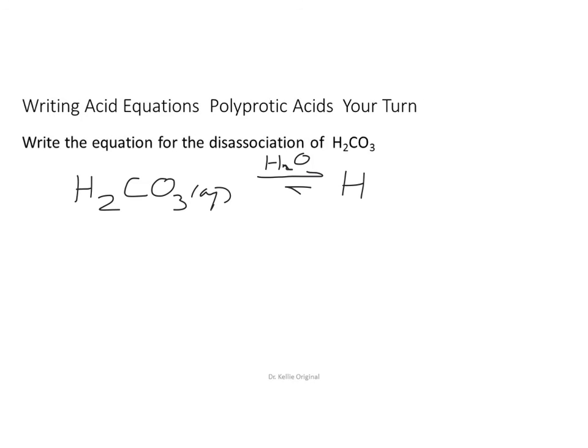You have the hydronium ion, then you've removed that one hydrogen, so you get the bicarbonate ion, again in the aqueous phase. Chemistry's easy, life is hard, yes? That's the acid dissociation reaction for carbonic acid.